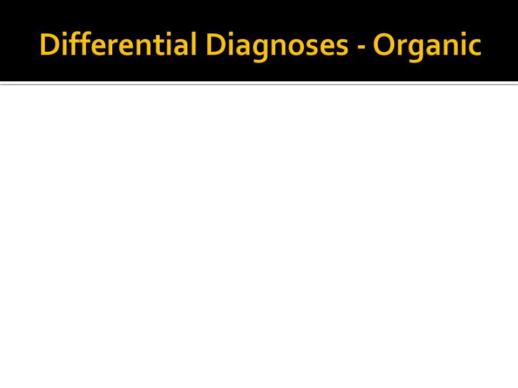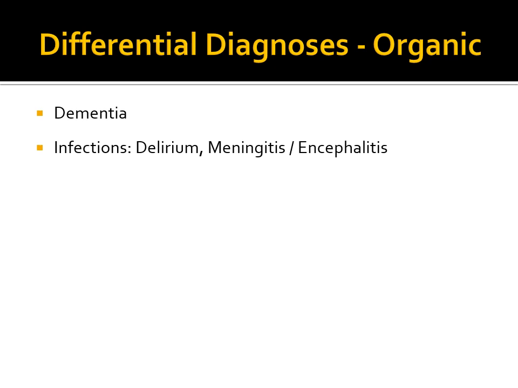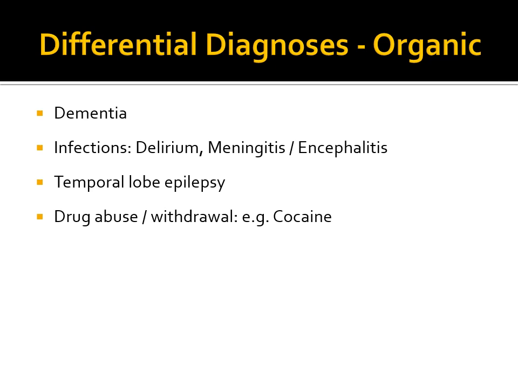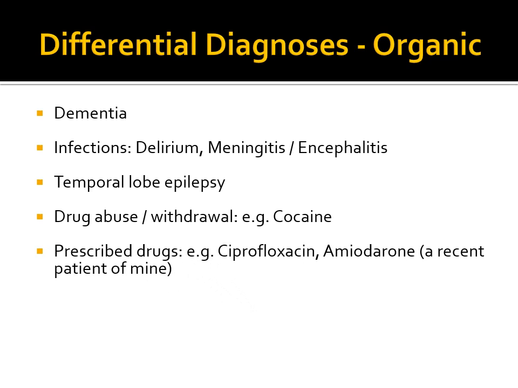And the possible organic causes of catatonia include dementia, infections such as delirium, meningitis, encephalitis, temporal lobe epilepsy, drug abuse or withdrawal, for example, cocaine. Sometimes prescribed drugs can cause catatonia, ciprofloxacin, an antibiotic, amiodarone, an antiarrhythmic.